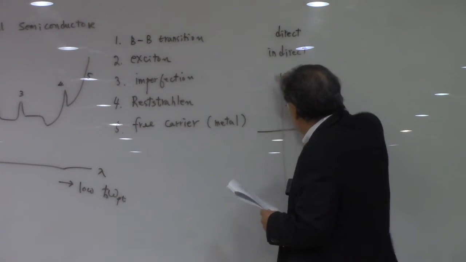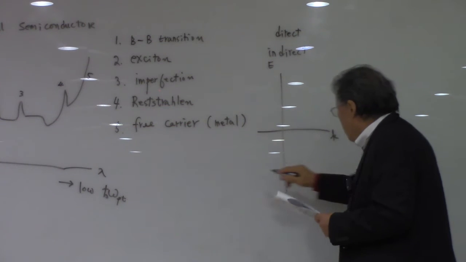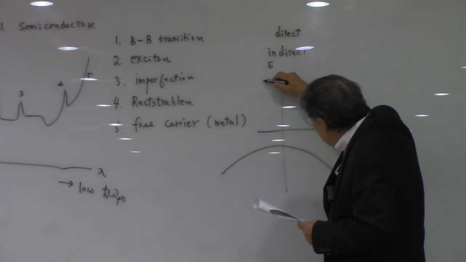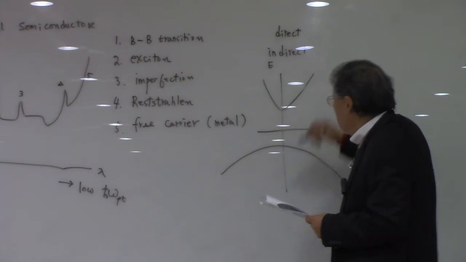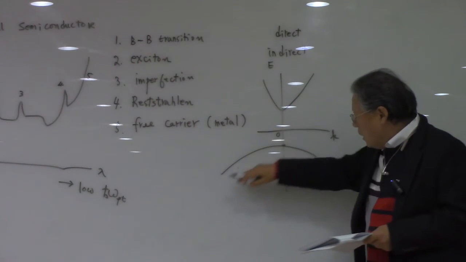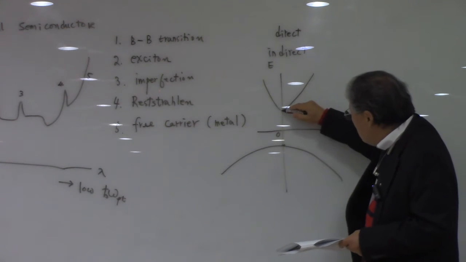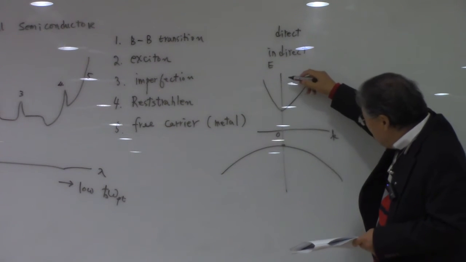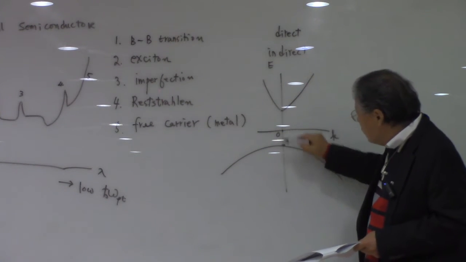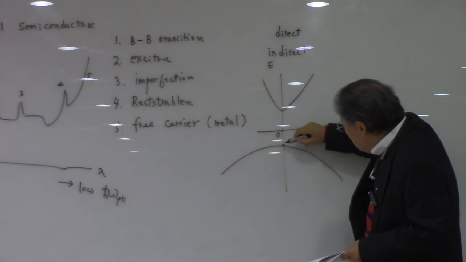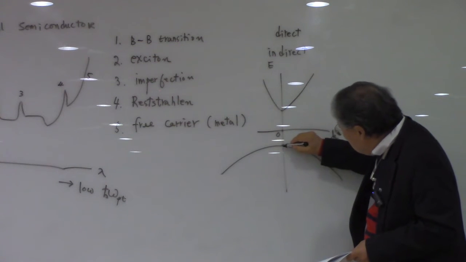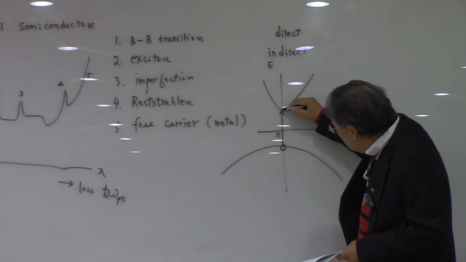If you look into the E-k diagram, the band structure, if it shows something like this, which means the maximum of the valence band and the minimum of the conduction band energy are lying at k equal to 0, so the easiest way for the electrons to be excited, the shortcut, is from here to here, right?